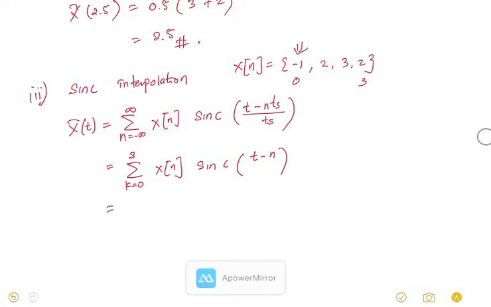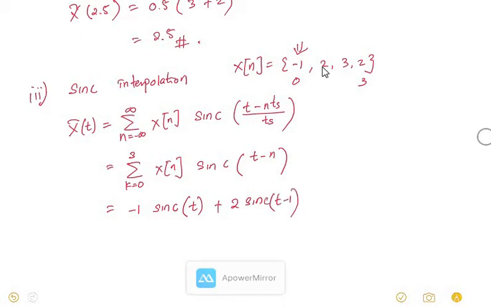Now you start with x[n] from n equal to 0, that is -1. So the first value is -1 sinc(t minus 0), so it's t. Plus when n equal to 1, x1 is 2, so 2 sinc(t minus 1).